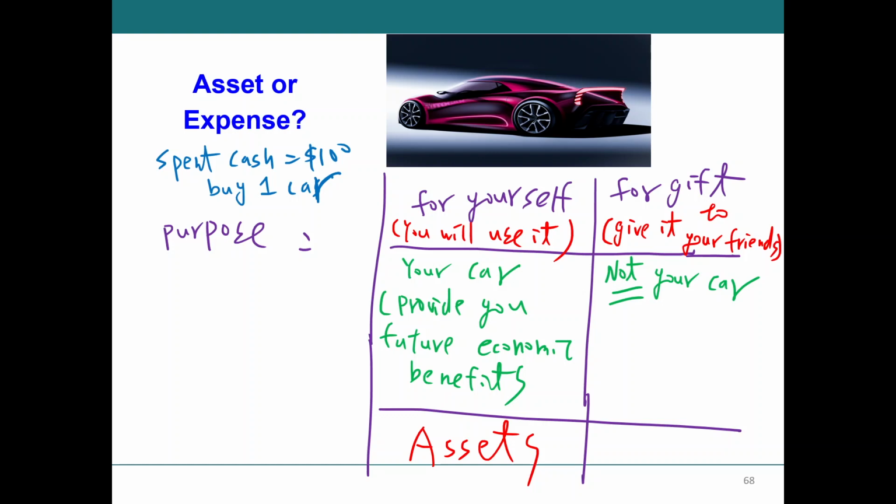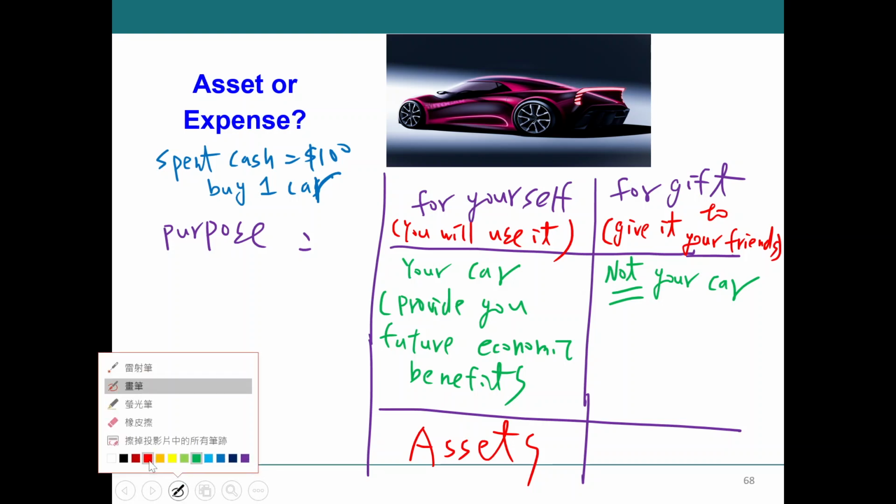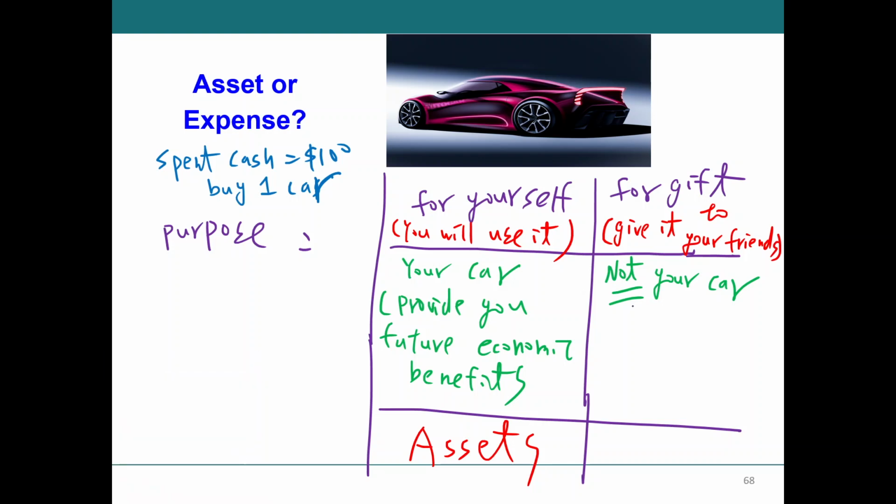So could you tell me, that car, could you use it in the future? No, it's not. That's not yours. It's your friend's car, not yours. So will the car provide you future economic benefit? No, cannot, right? Since that's not your car, you cannot use it. Okay? So you can't use it. Since you can't use it, means what?